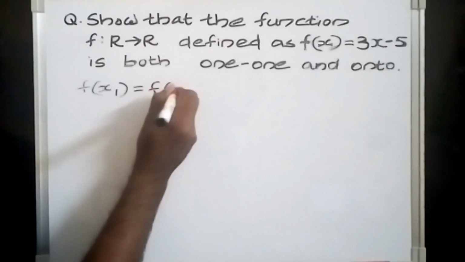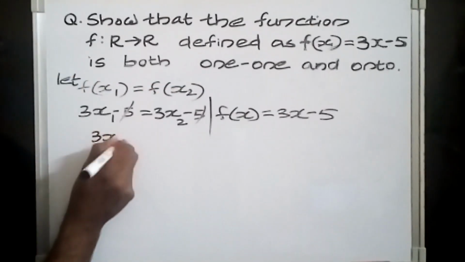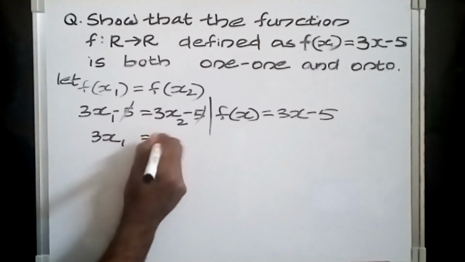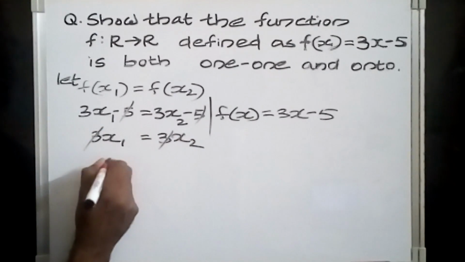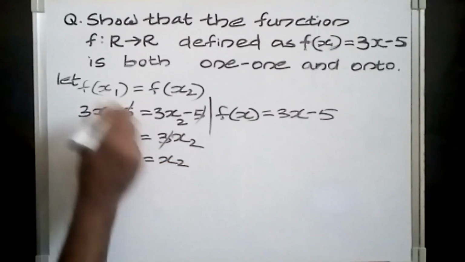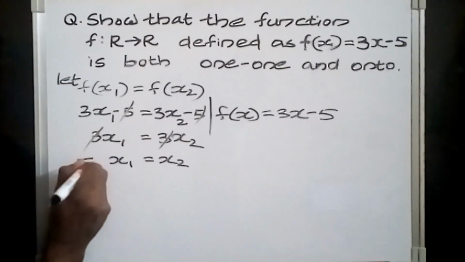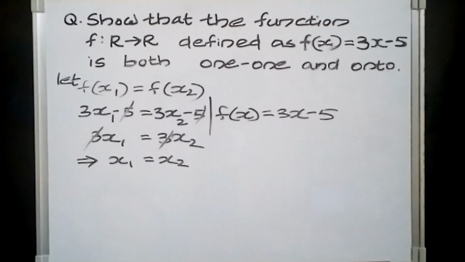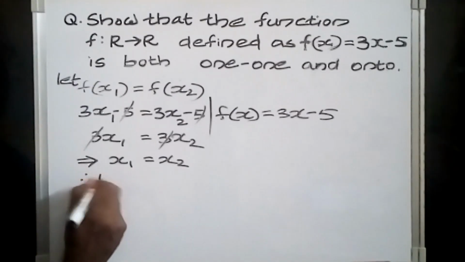Then 3x1 equals 3x2. If we cancel 3, x1 equals x2. Thus, f of x1 equal to f of x2 implies x1 equal to x2. Therefore, the function is 1, 1.